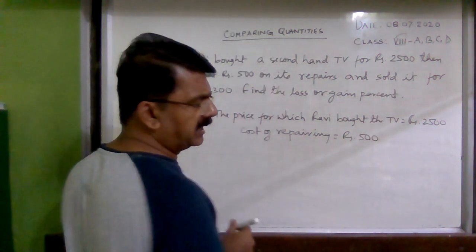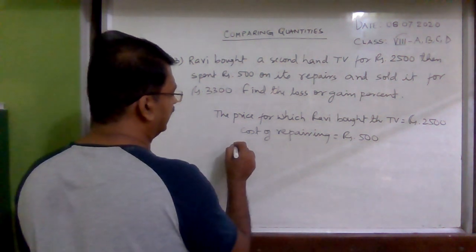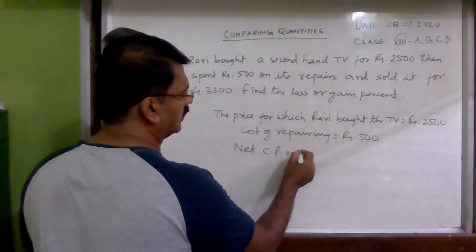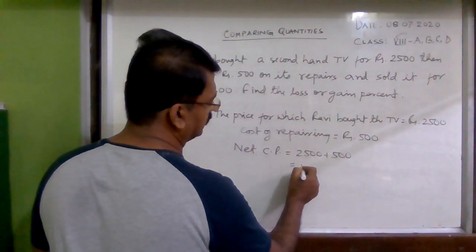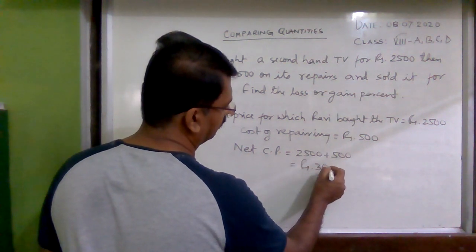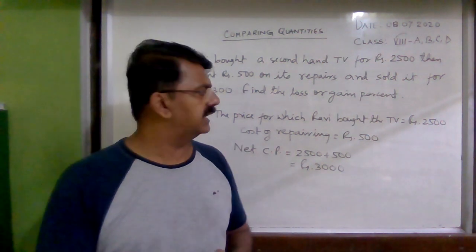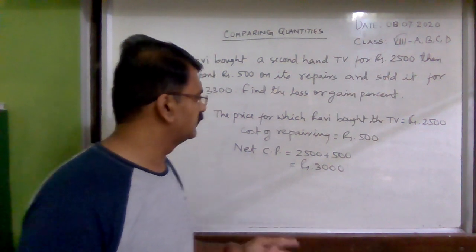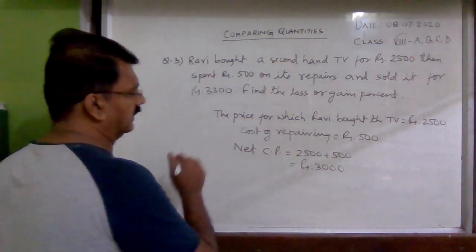This cost of repairing is also called the overhead charges. So net CP is equal to 2500 plus 500, that is rupees 3000. Ravi bought the TV for 2500 and then he spent 500, so 2500 plus 500 gives you rupees 3000. So that is the net CP of the television.